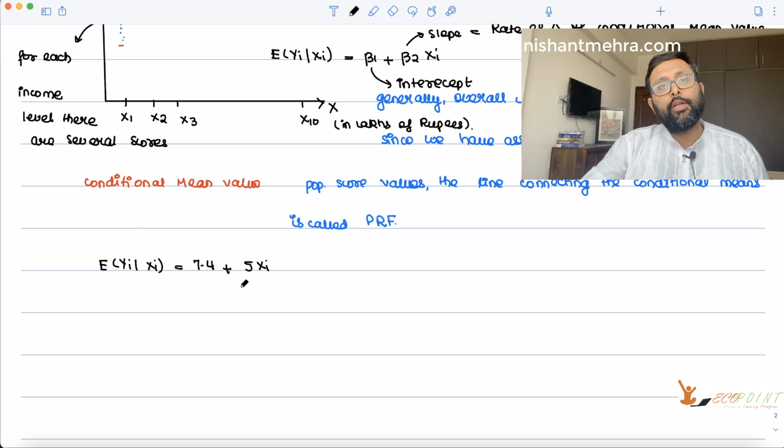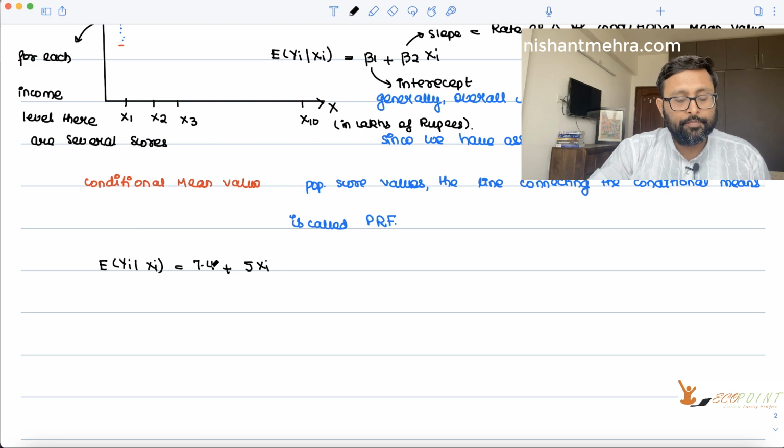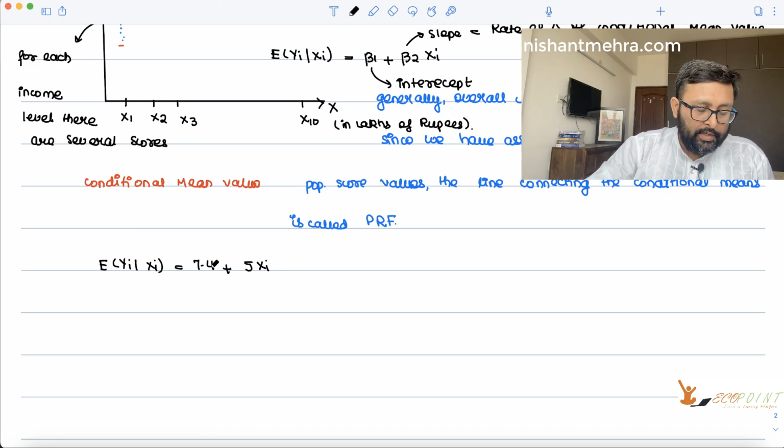So if the family's annual income increases by 1 lakh, then the conditional mean of y given xi is going to change by 5 units. It's going to increase by 5 units because there's a plus sign here, right? So the CBSE score for a student in class 12 is going to increase by 5 points.